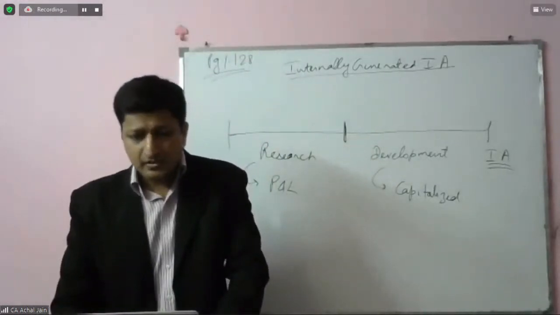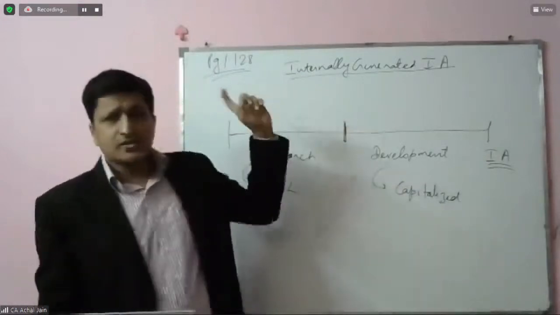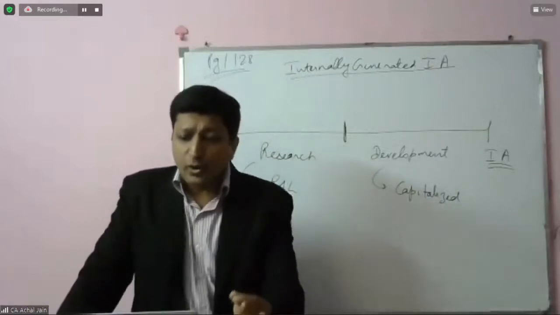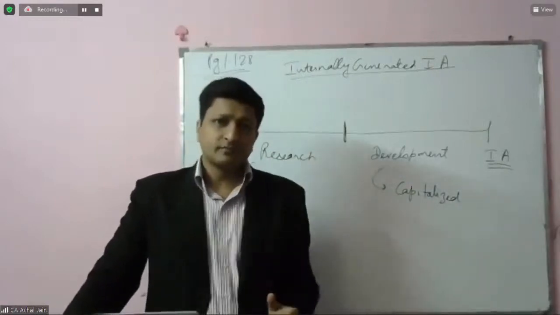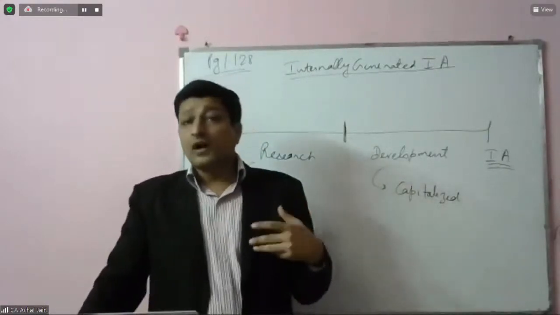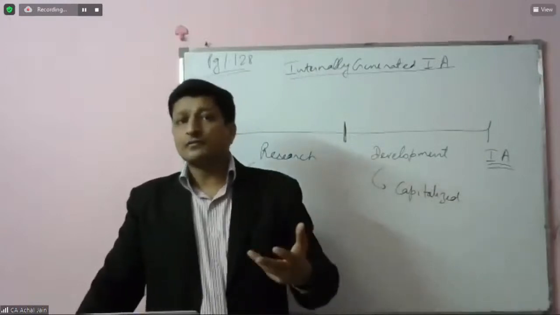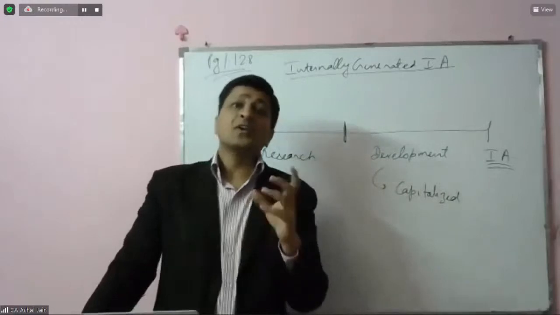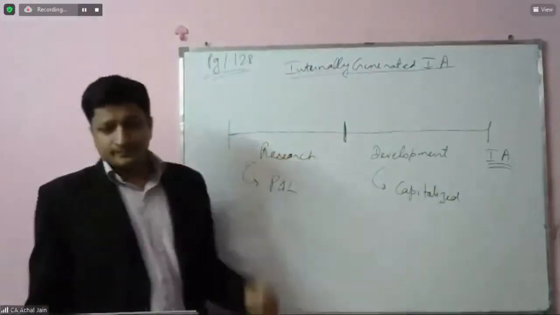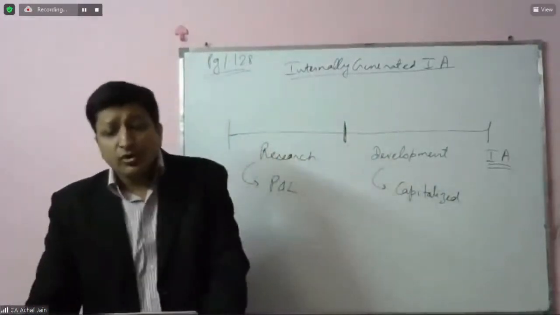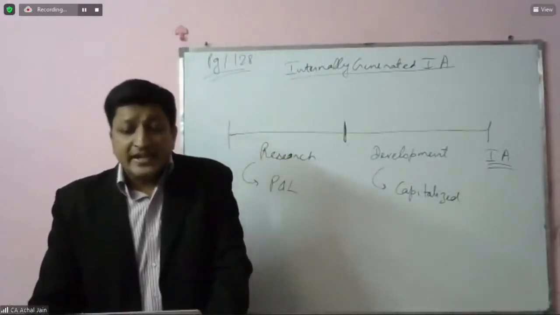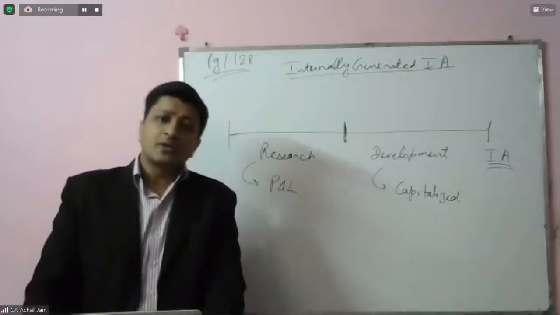Now, for the purposes of our understanding, we can look at some examples of research activities. You can all refer to this page in the study material now. Activities aimed at obtaining new knowledge. Means we are just trying to understand about something new. We are not sure whether that formula will work or not. What is that? Research. Search for, evaluation and final selection of, application of research findings or other knowledge.